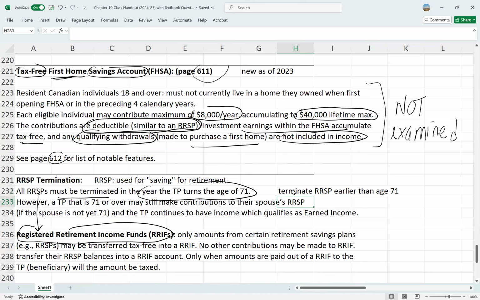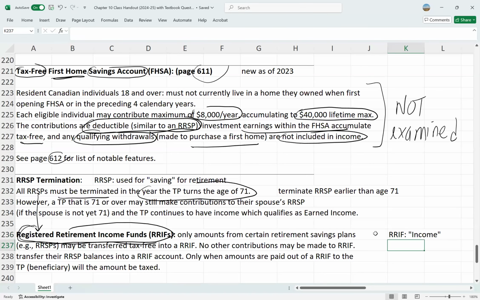Now, it would not be practical to have all that money come into your income when you terminate your RRSP, so most Canadians then will transfer the money into a RRIF, a registered retirement income fund. If you look at the wording of the RRIF, it has the word income. This is where you have to start taking money out.